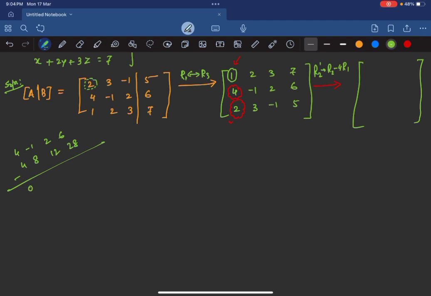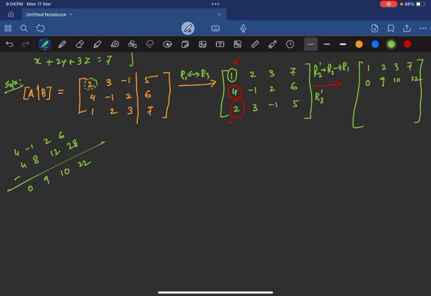Do the subtraction: 0, then 8 minus of minus 1, that means 9, 12 minus 2, that is 10, and here 28 minus 6, that is 22. So 1 2 3 7, 0 9 10 22.